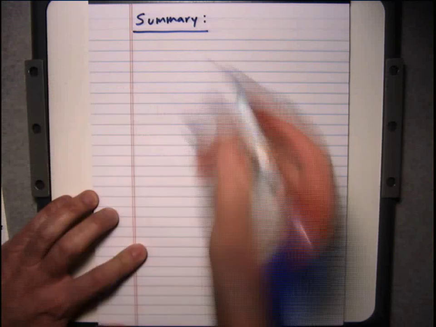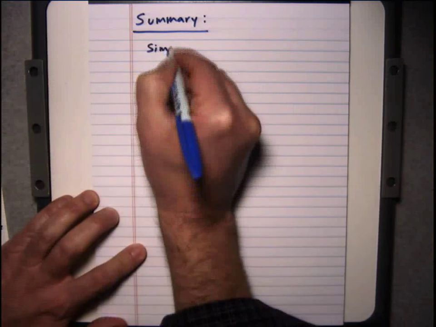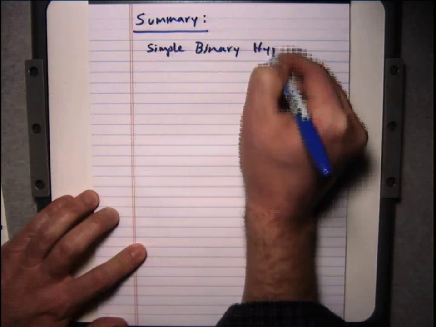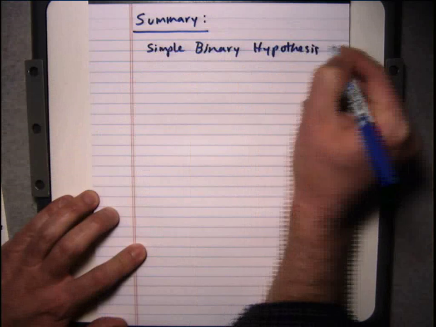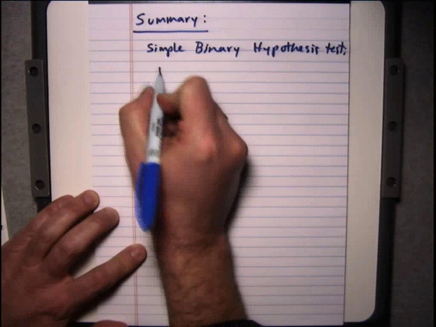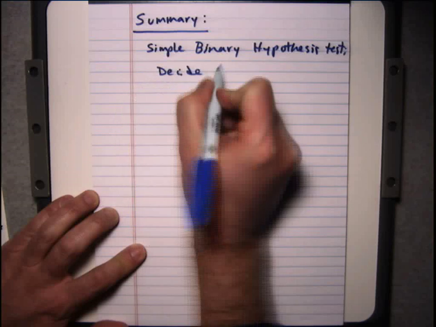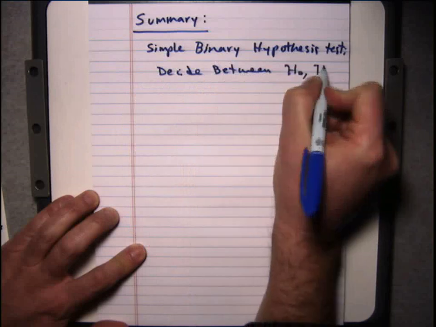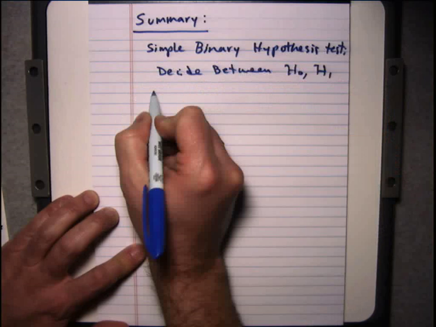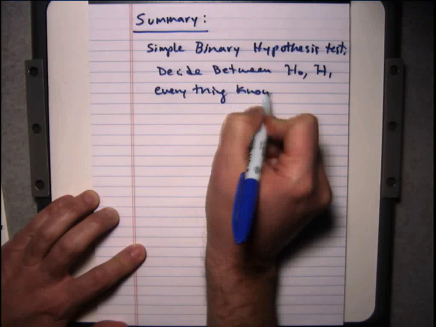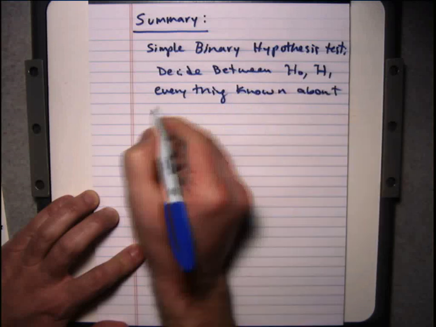The set of problems that I just described are a simple binary hypothesis test, where you want to decide between H0 and H1, where everything is known about the signal.